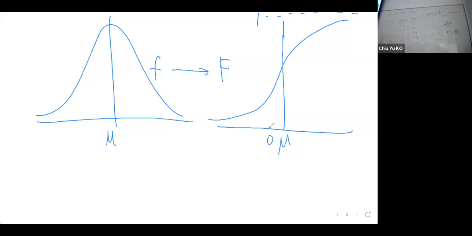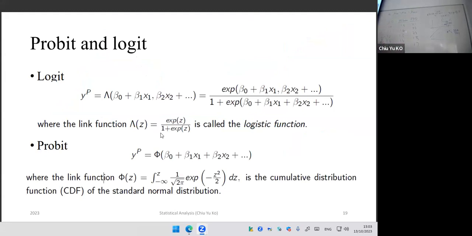But this is just integration. Keep integrating, it's just this graph. And this F function is a CDF. This is the CDF function for normal.